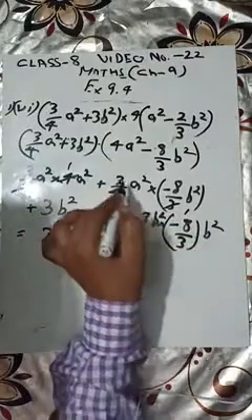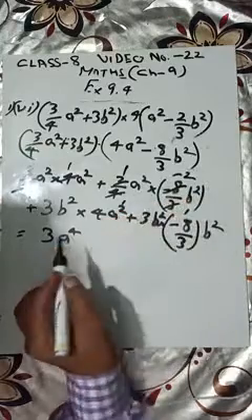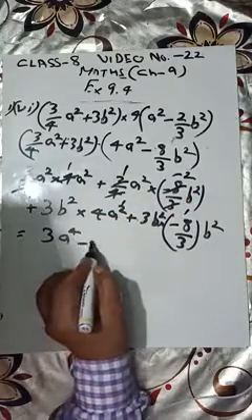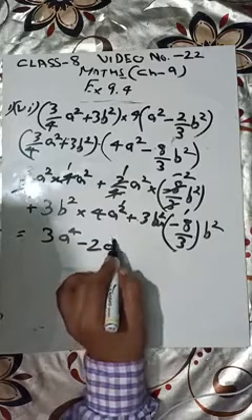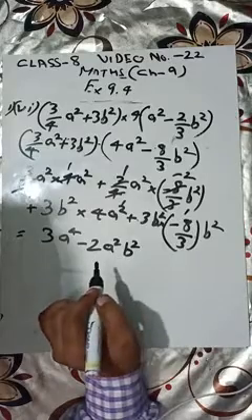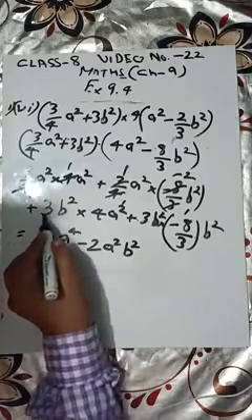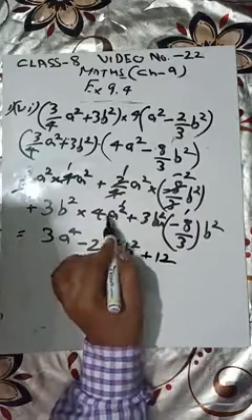Now it's time for this. This 3 and this is going to cancel. 4 1 time and minus 2 times. Okay. The answer will be minus 2 a square b square. And 3 into 4, 12, a square and b square.